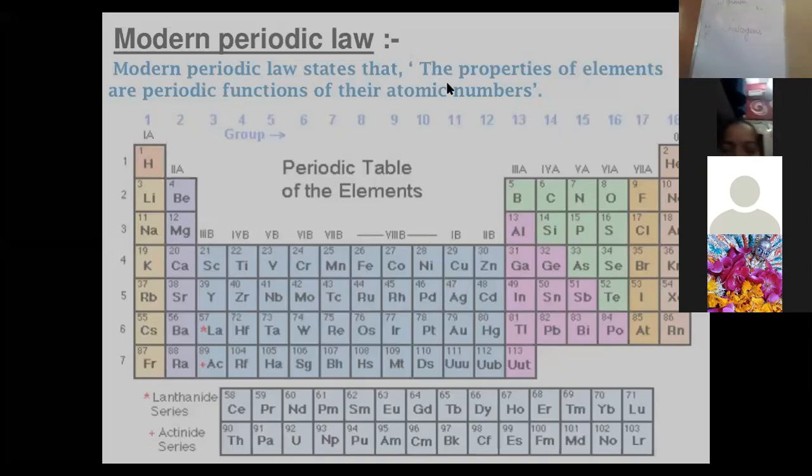Then group number 17 is called halogens, while group 18 is called inert gases, noble gases, or rare gases.